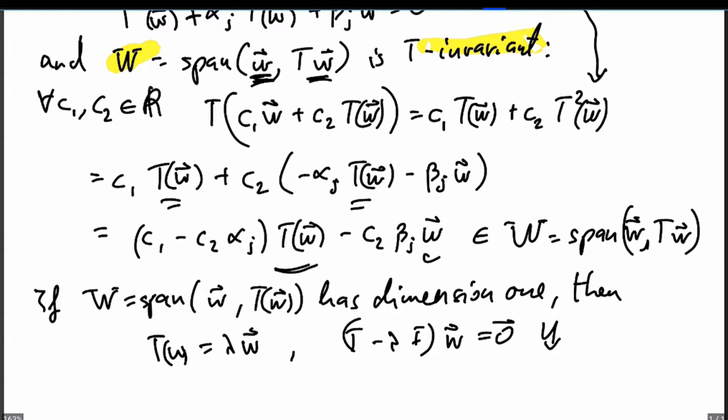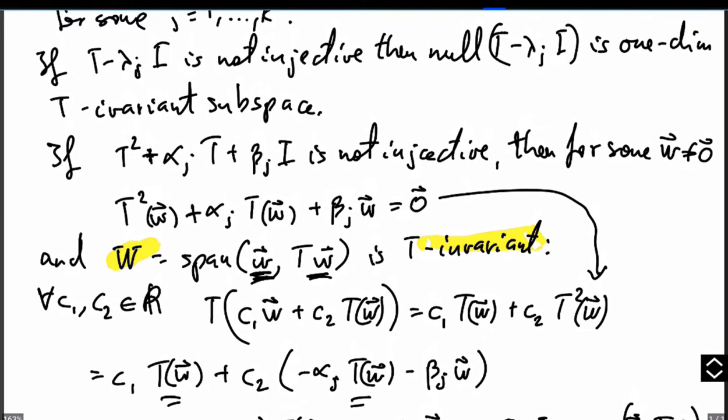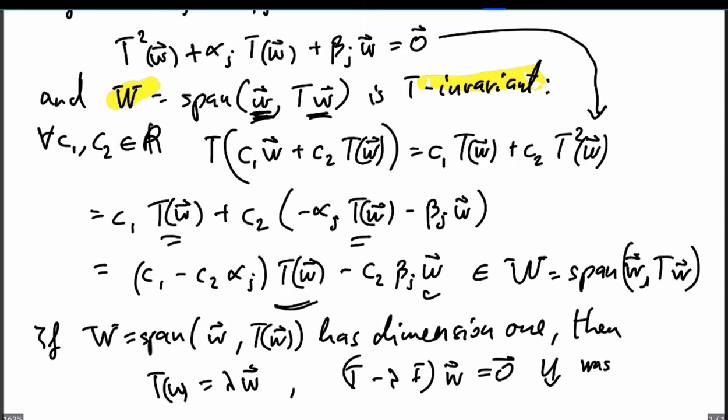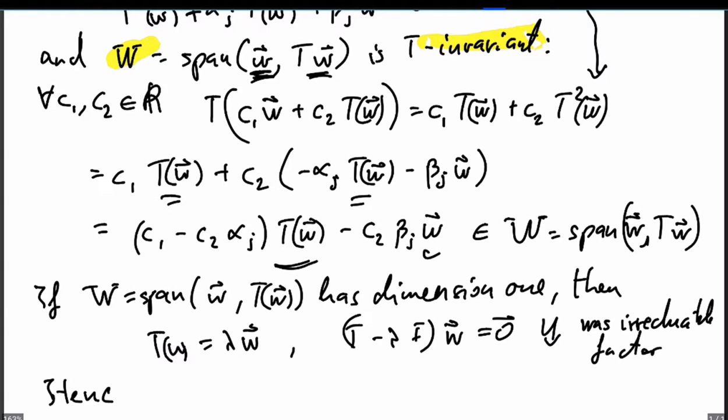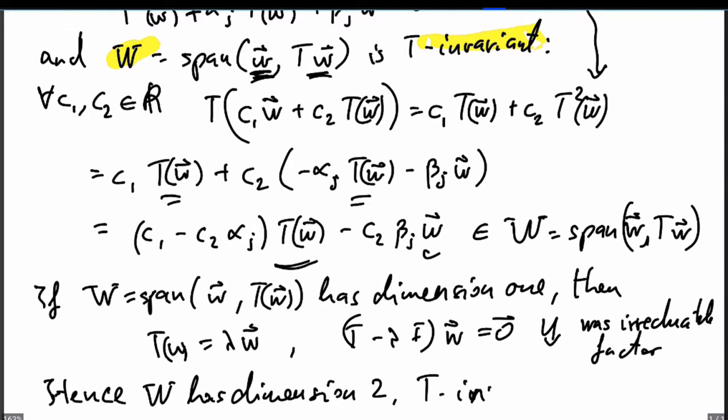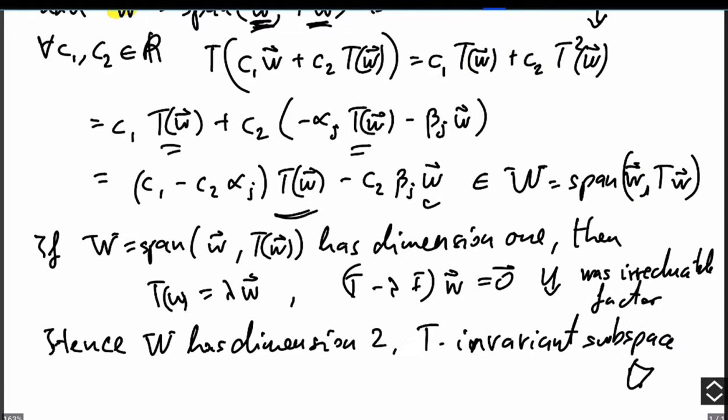And that's a contradiction because we obtain this from an irreducible factor. Hence, we get that W has dimension 2, and it is a t-invariant subspace. So this completes the proof. We obtained a nice two-dimensional t-invariant subspace.